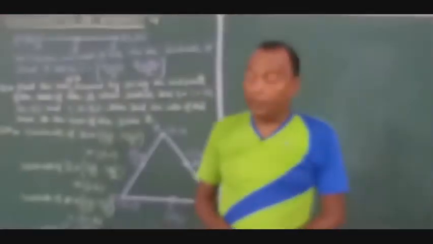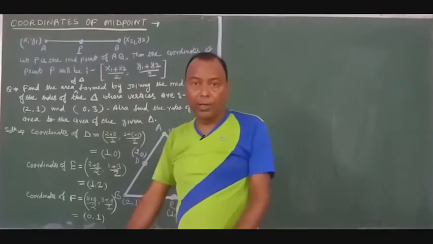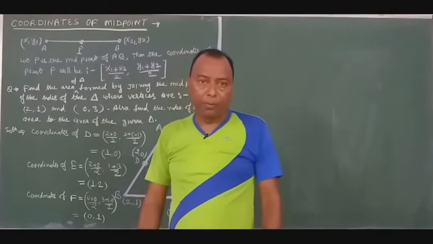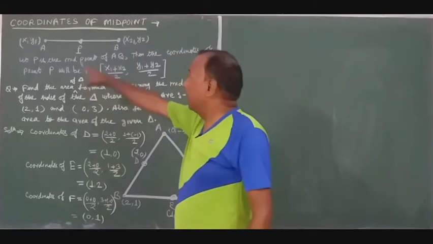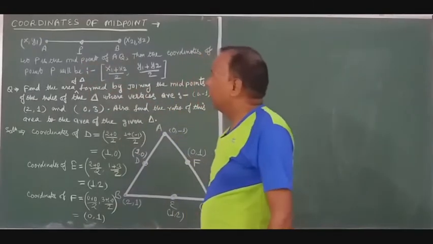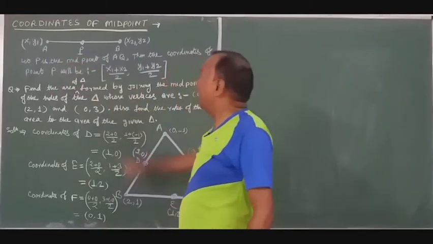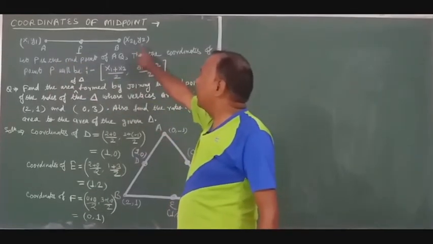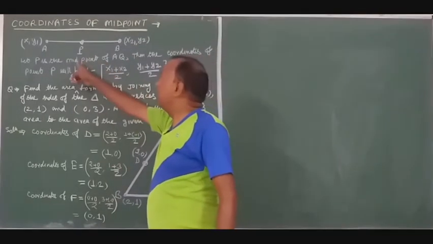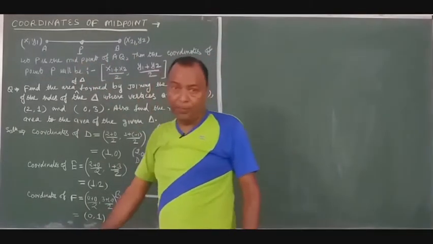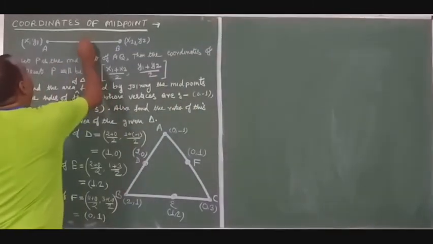Now, these are the coordinates of the midpoint. Suppose you are given 2 points A and B. The coordinates of point A are (x1, y1), and the coordinates of point B are (x2, y2). And let P be the midpoint of AB.